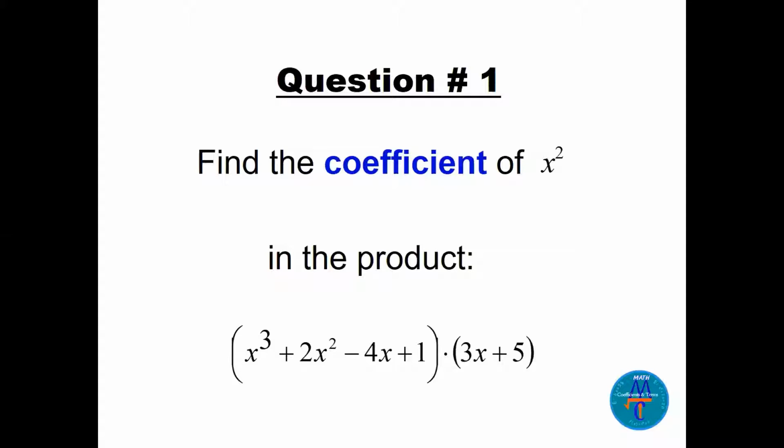Let's see, find the coefficient of x squared in this product. After you multiply, you should get x to the power 4, x cubed, x squared, and x. We need only the coefficient, which means the number multiplied by x squared.